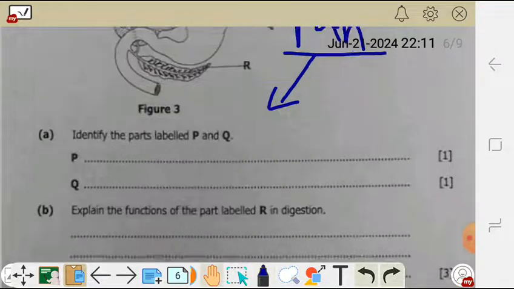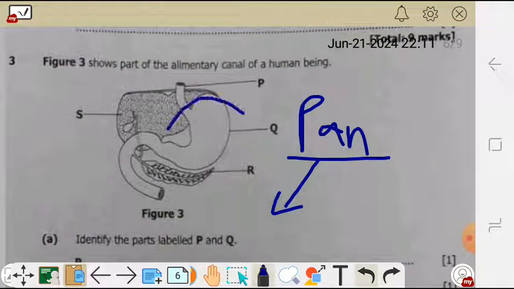Okay, the emptying of the stomach. So when this stomach here is filled with food, for it to empty the content of the stomach, the pancreas will secrete the hormone called ghrelin, which will stimulate the stomach to empty the content into the small intestine.